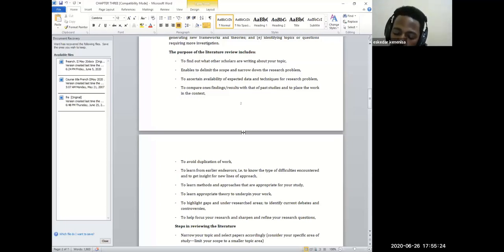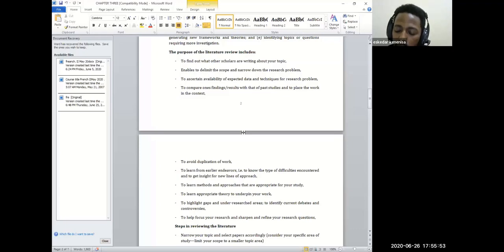Therefore, if you conduct the literature review, you may have a glimpse of the difficulties that were encountered by the previous researchers. You can get an insight into the difficulties, and you can also include your own new approach to tackle the difficulties.